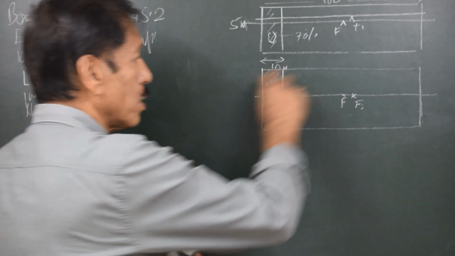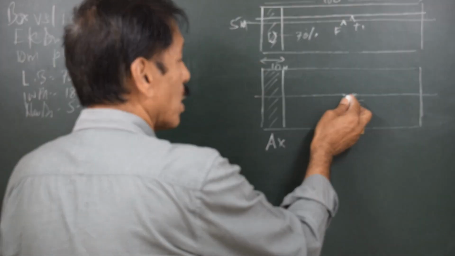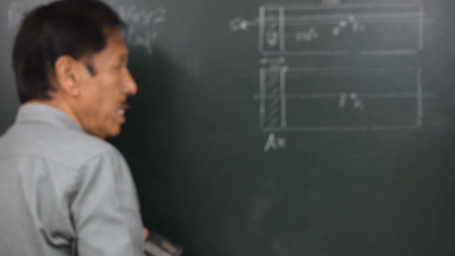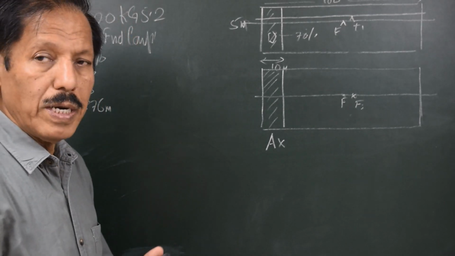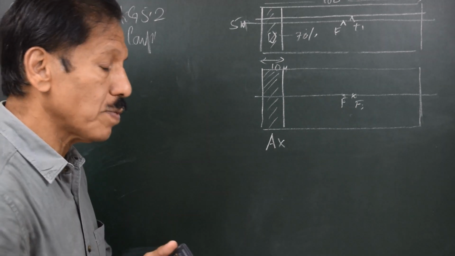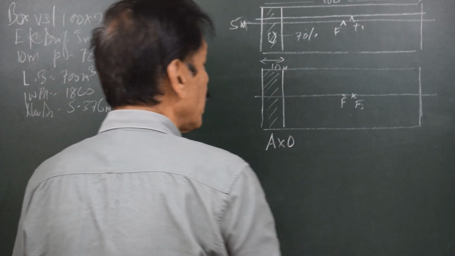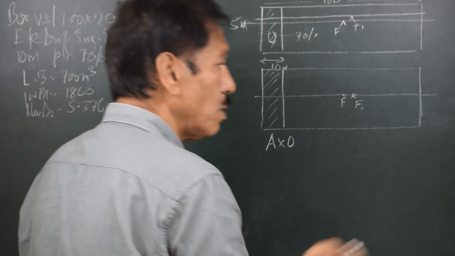When I take the moment of total area about own midships, the idea is to eliminate one particular component. The moment will be zero naturally, because the distance from centroid to centroid is zero.